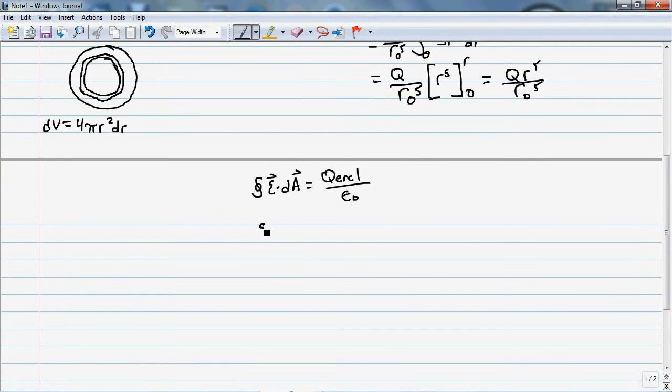So my E field magnitude times the integral of my differential area is equal to Q r to the fifth over epsilon naught r naught to the fifth. My integral of the surface area for the Gaussian shell is going to be 4 pi r squared.